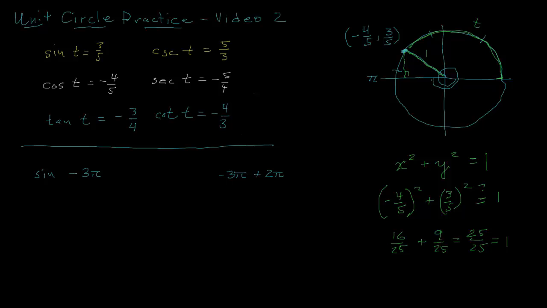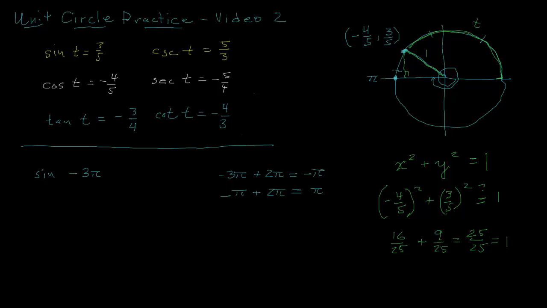Without drawing the picture, negative 3 pi plus 2 pi is equal to negative pi. Well, it's still not between 0 and 2 pi. So if I do this, negative pi plus 2 pi is equal to 1 pi.